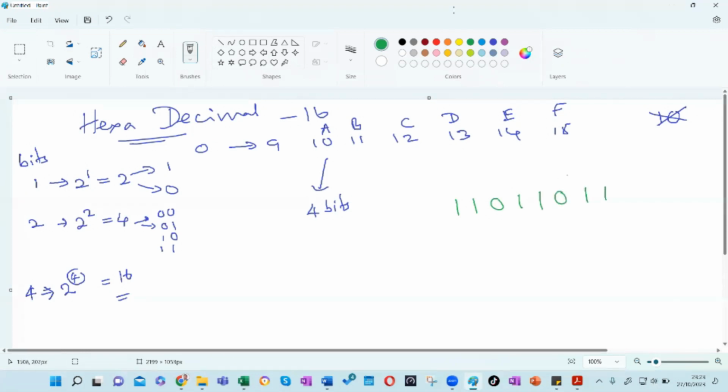All you got to do is, it's really easy, just start from the right corner and group these bits into groups of 4. 1 2 3 4. 1 2 3 4. Why 4? Because you need 4 bits to represent a hexadecimal number. So just group the bits into groups of 4. Now, a group of 4 bits is called a nibble.